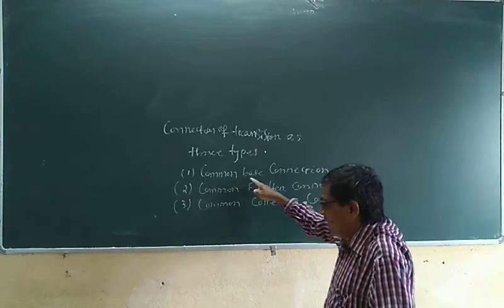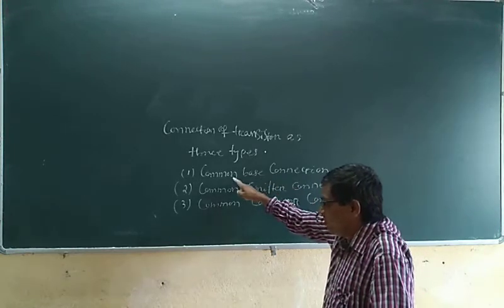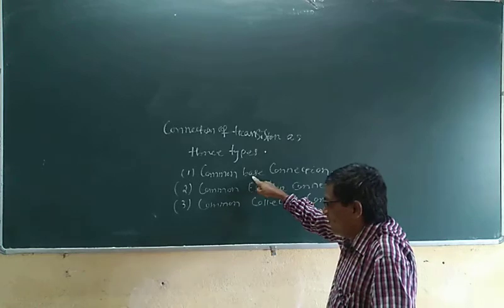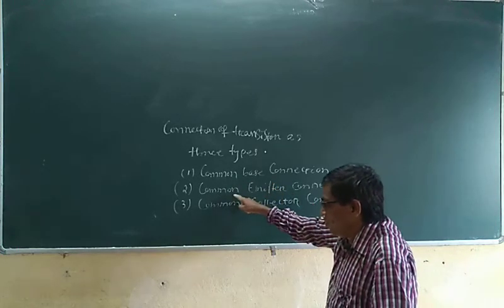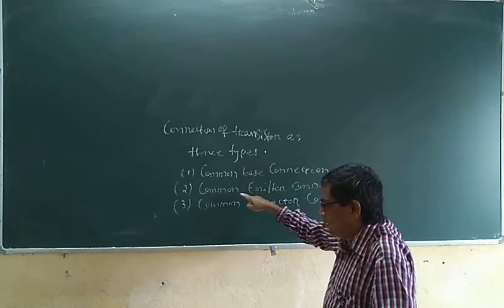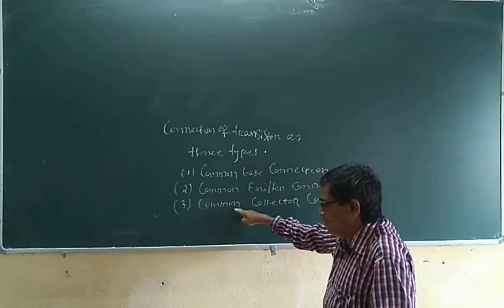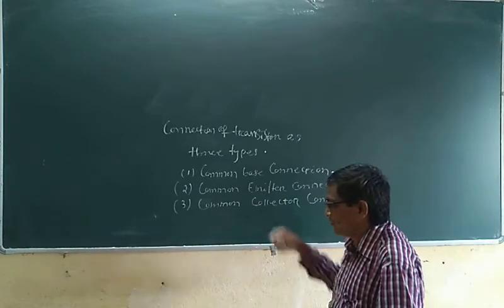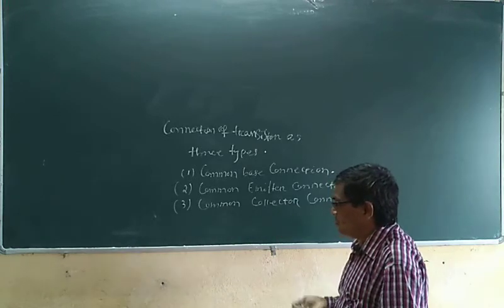Now, common base connection means here the base is common for both input and output. Common emitter connection means here the emitter is common for input and output. Common collector means the collector terminal is common for input and output.